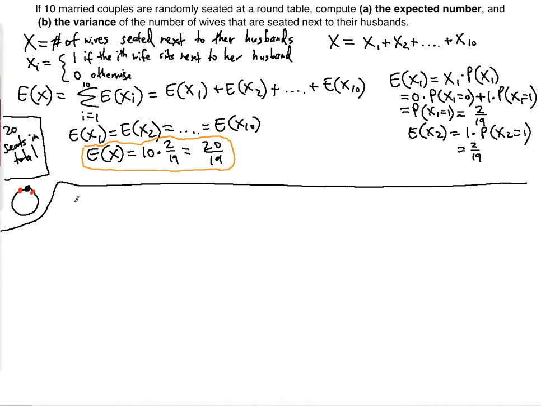Okay, so the variance of x is going to be the summation from 1 to 10 of the variance of xi, plus 2 times the sum over i less than j of the covariance of xi xj, right?